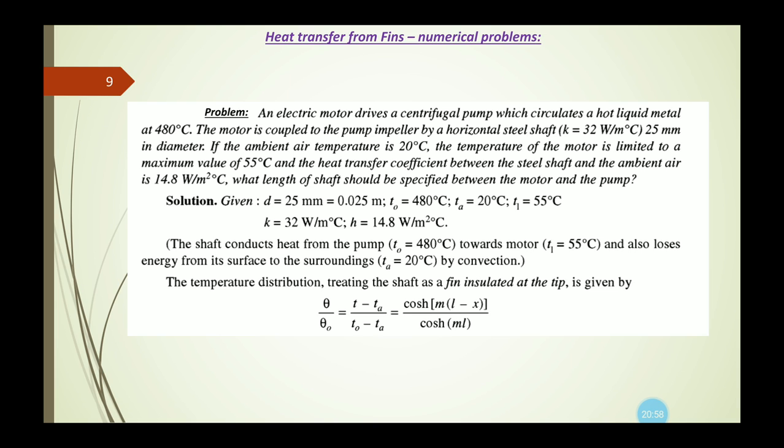First let us write what is given in this numerical. The diameter of the horizontal steel shaft is 25 millimeters. T naught is 480 degrees centigrade, TA is 20 degrees centigrade, TL is 55 degrees centigrade, and k and h are also given, 32 and 14.8.